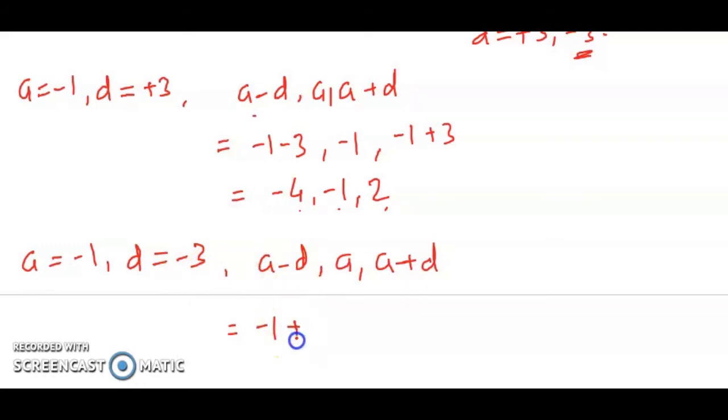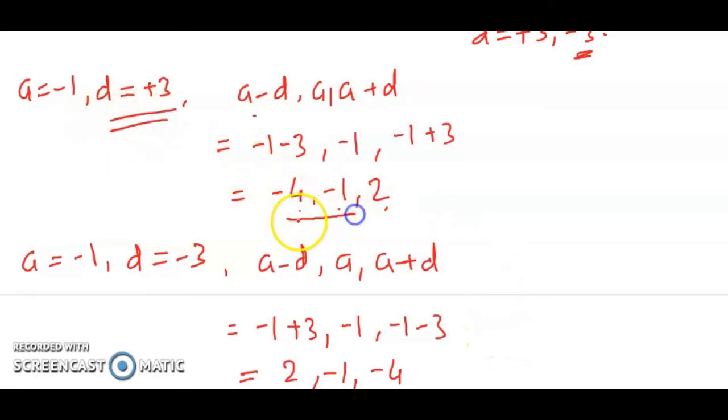So it becomes minus 1 plus 3. And then a and a plus d. So here we will get three numbers: 2, minus 1 and minus 4. So here you can see d is plus 3, so we get increasing order. Here d is minus 3, so we get decreasing order of this arithmetic progression.